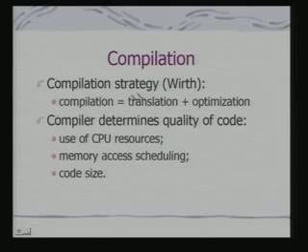Compilation, in fact, in a way, can be considered as a combination of two phases. One is translation, the other part is optimization. In fact, we are actually more concerned with optimization because the techniques which go into the translation phase in a way are generic and not processor specific.